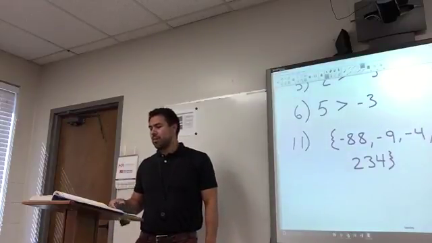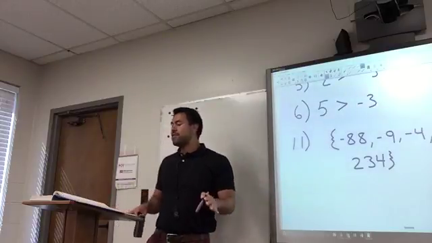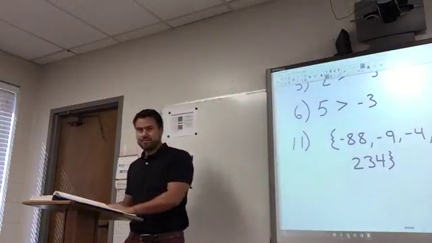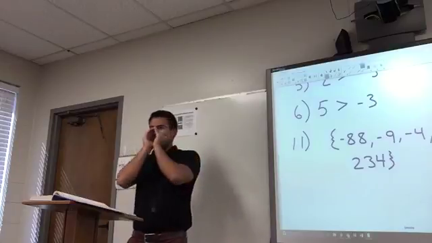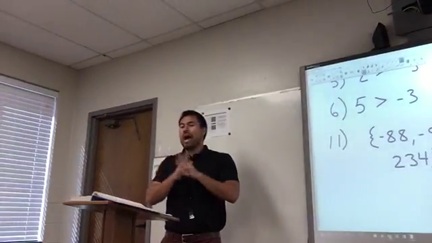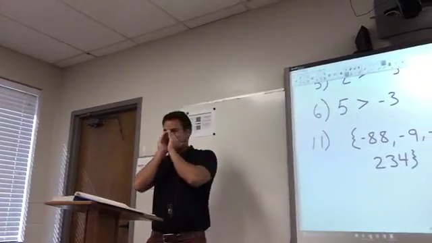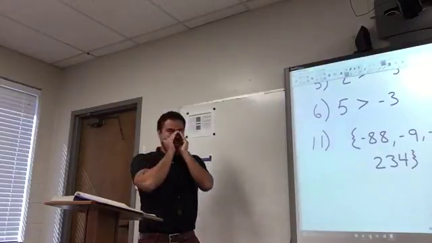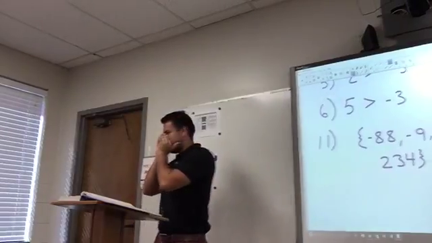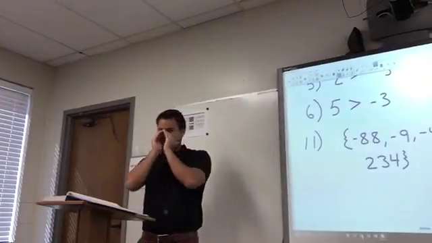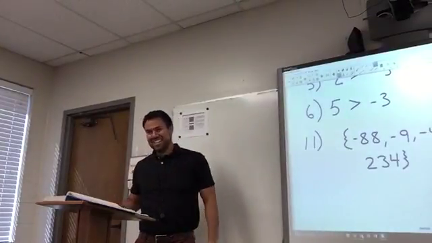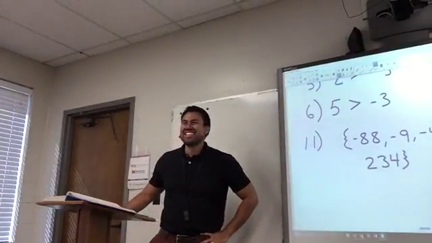Now, on 15 to 26, you have to write the whole inequality. You got to write both numbers with the correct comparison symbol. Do you understand? We understand. Yes, sir.